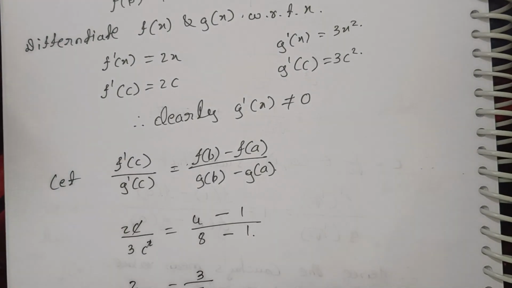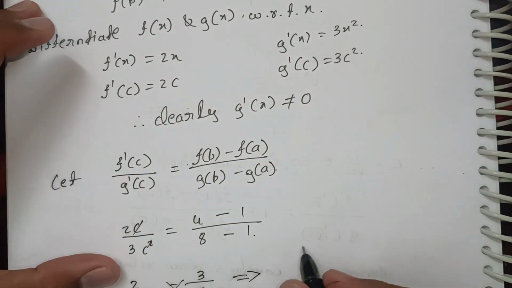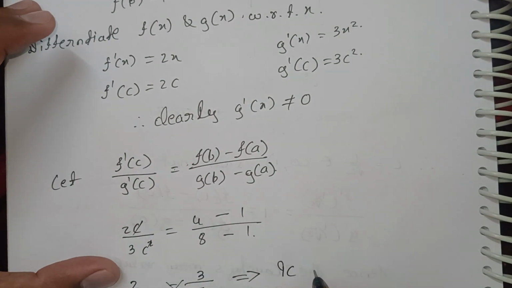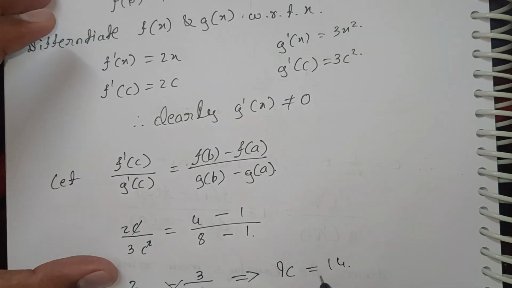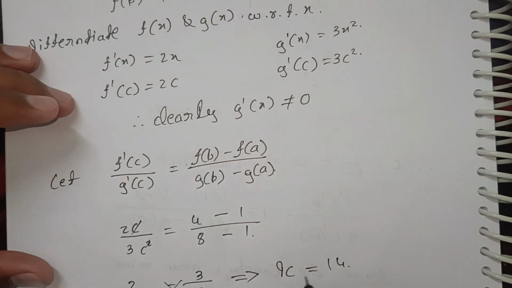So now invert the fractions. We can cross multiply it like this. Then we get 3 into 3 is 9c, and 2 sevens are 14. So 9c is equal to 14.